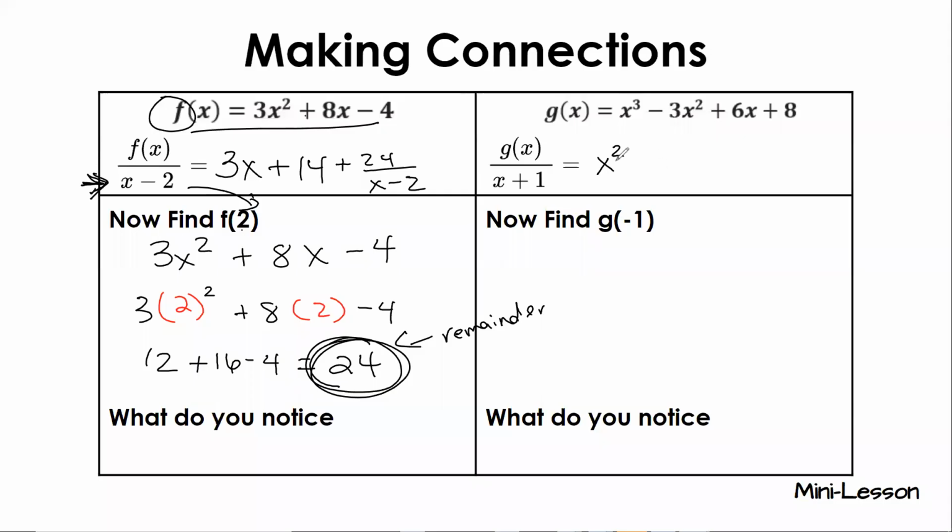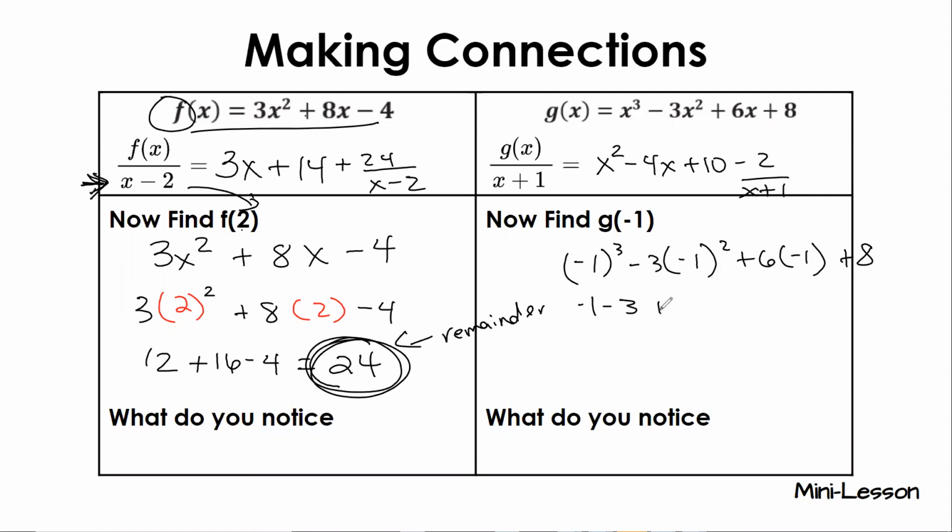All right, so what did we get when we divided this out on the previous page? x squared minus 4x plus 10 minus 2 over x plus 2. When we plug in -1 into this equation and simplify, this gives me -6, and this gives me -2.